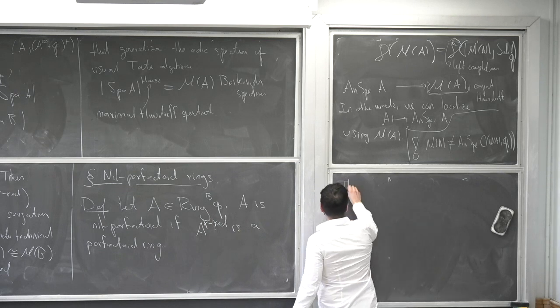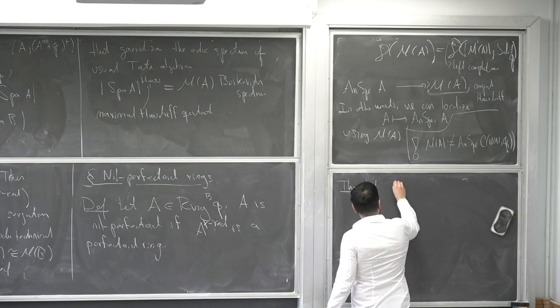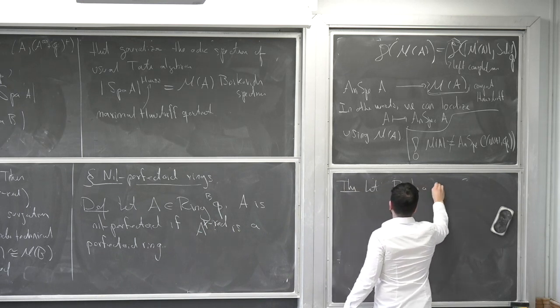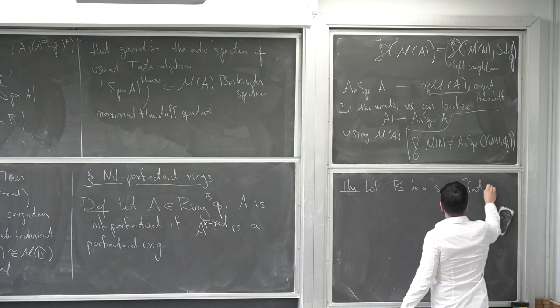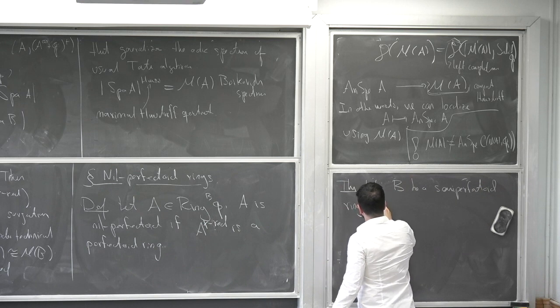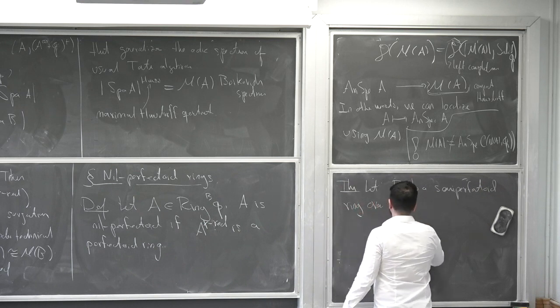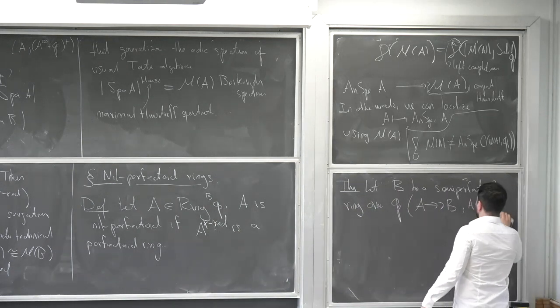Theorem. So let B be a semi-perfected ring. So this means that B is a quotient of a perfected Q_p algebra.